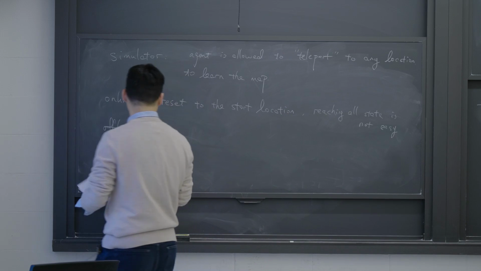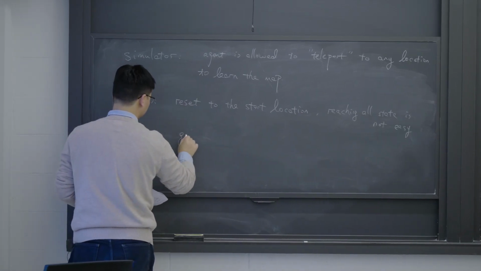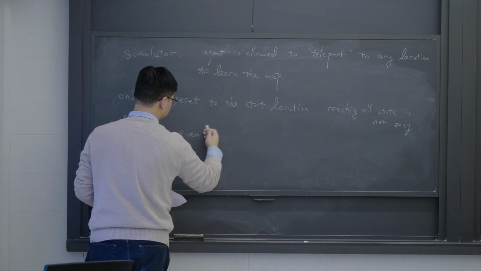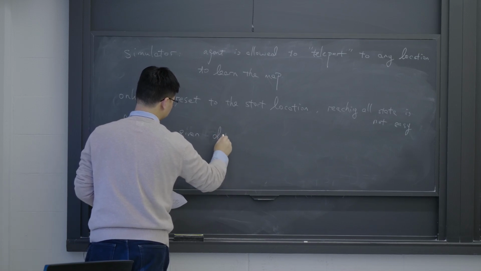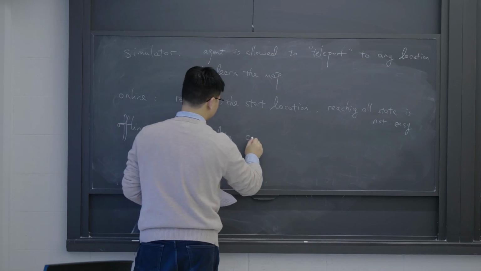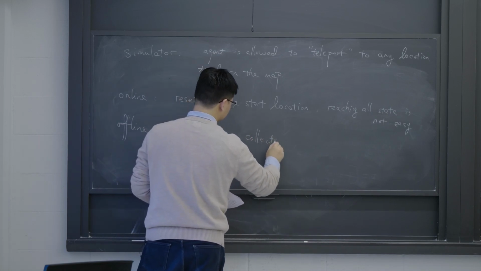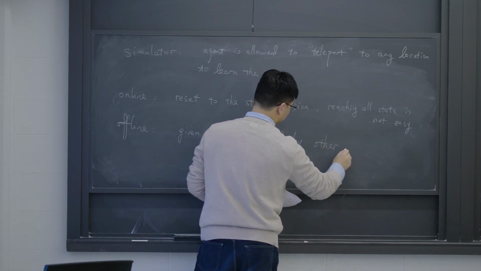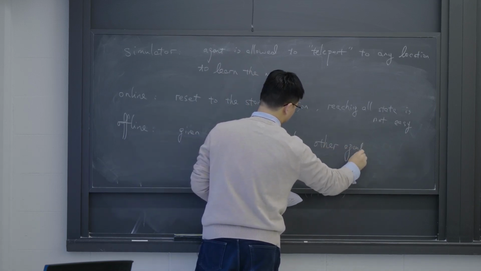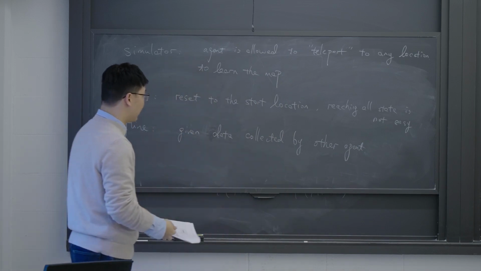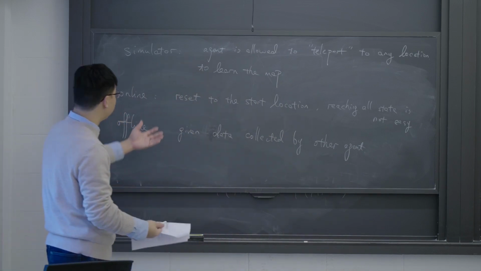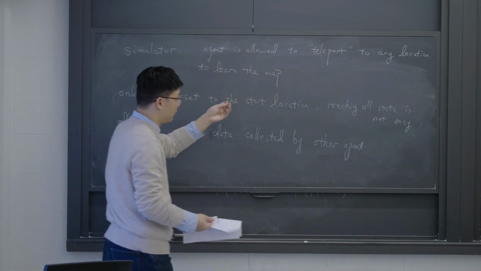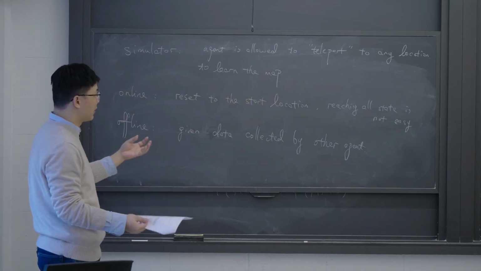And in the offline setting, you're given some data, some trajectories collected by other agents. This is also more difficult in a sense. In the simulator case, you're allowed to teleport to any location and can basically learn whatever you want.